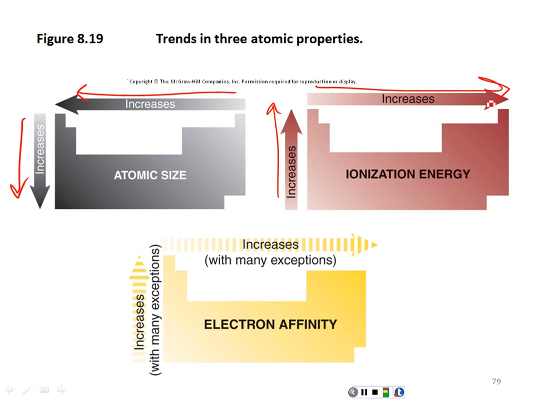And then electron affinity increases going up and over, but again, there are many exceptions in this trend. So I really don't expect you to be able to answer any real questions on the trend of electron affinities.